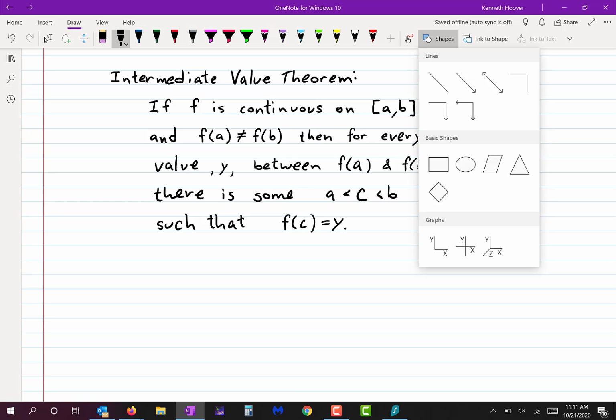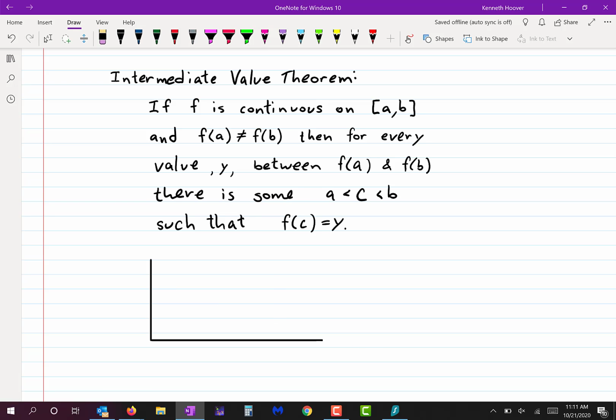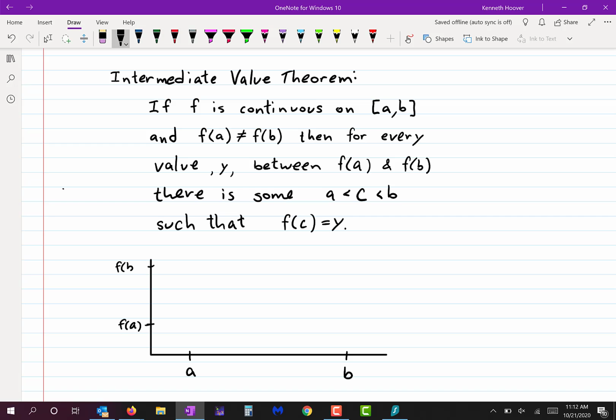What is that saying? Again, let's say here's a and here's b, and let's say that f of a does not equal f of b. So maybe f of a is down here and f of b is up here. That means our graph would start at that point and stop at this one. I'll draw a continuous graph in between there in a minute, but let's not yet.